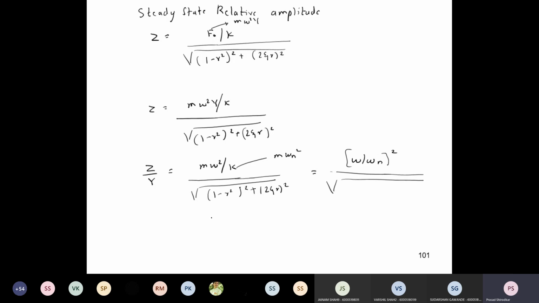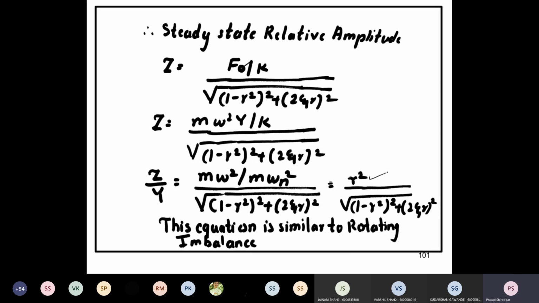So this simplifies to r square divided by square root of (1 minus r square) whole square plus (2 zeta r) whole square. And if you remember, this equation is exactly similar to the rotating imbalance case. Is everybody able to recollect that? Any questions?